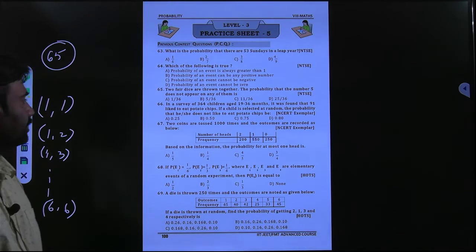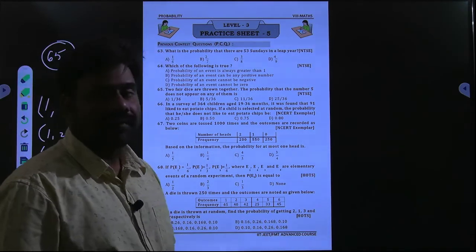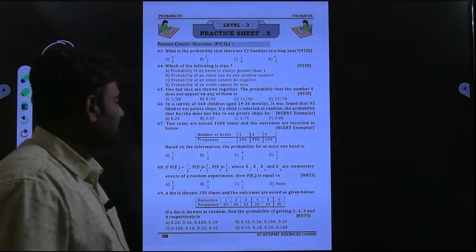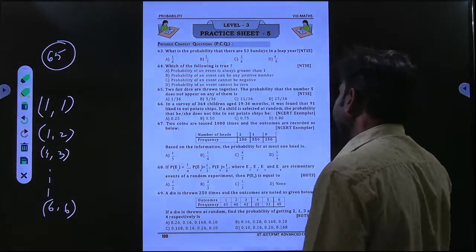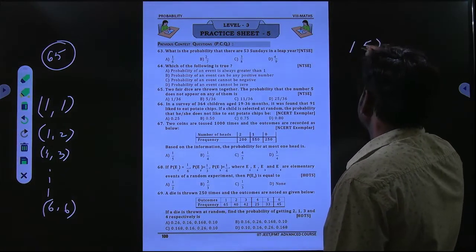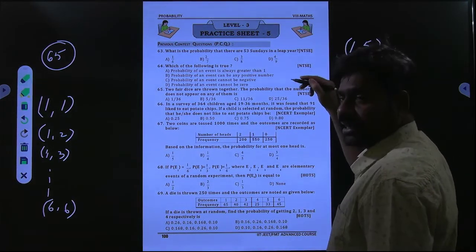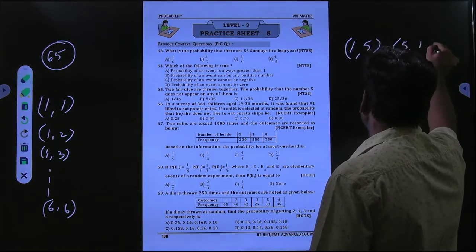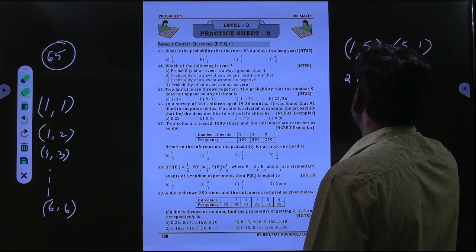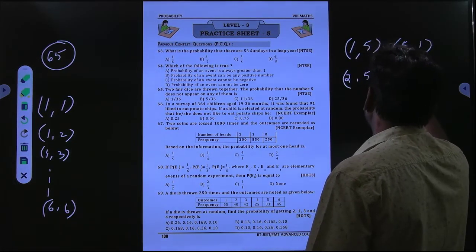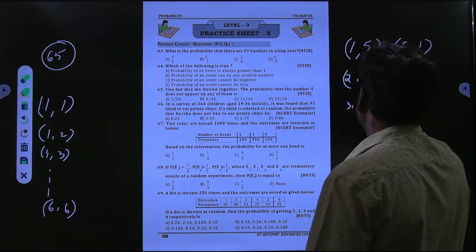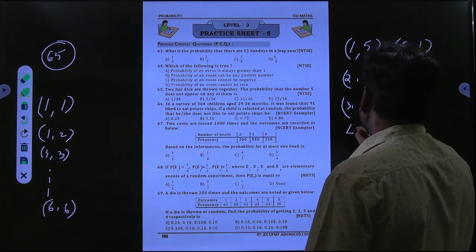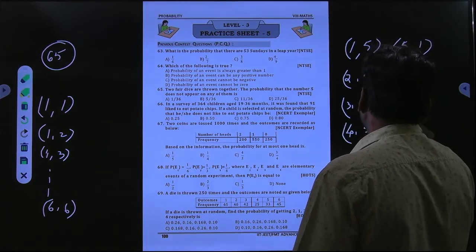Neither the first die nor the second die should show 5. In which cases will we get 5? (5,1), at the same time (1,5). Next (2,5), at the same time (5,2). (3,5), at the same time (5,3). (4,5), at the same time (5,4).